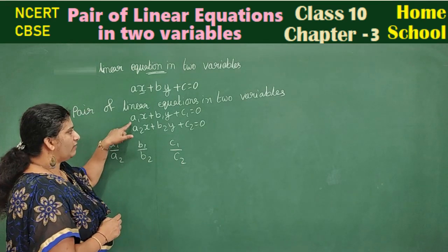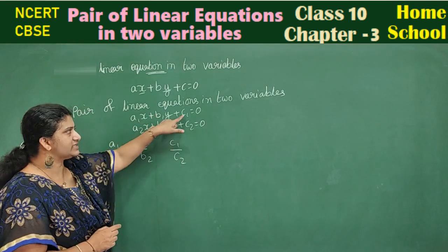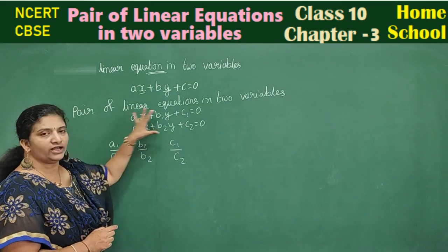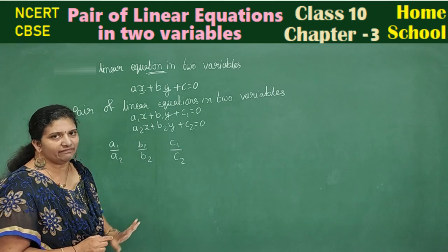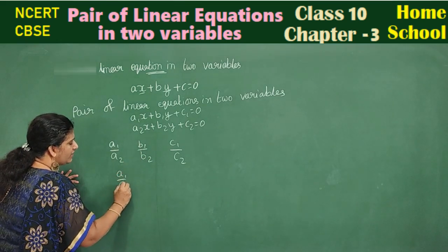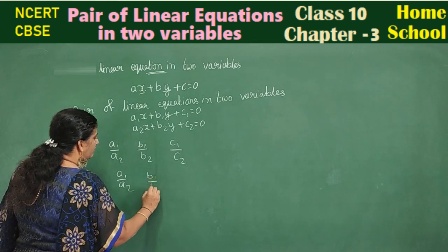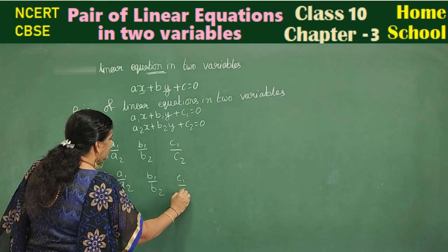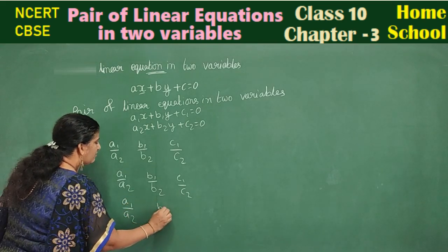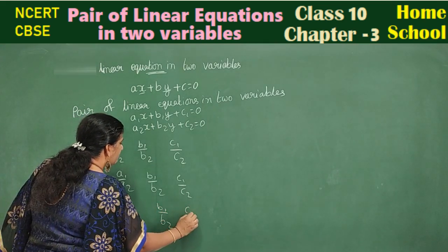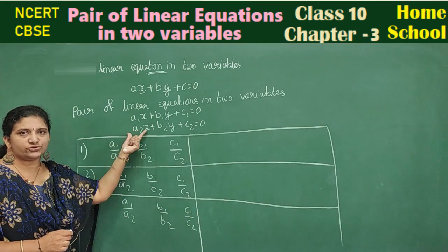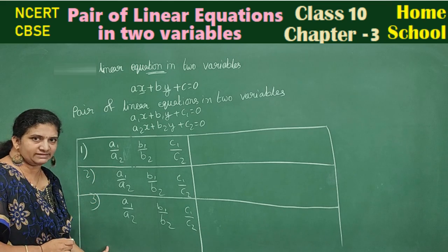Here a1, a2, b1, b2, c1, c2 are constant numbers, the numerical coefficients of the x and y variables. Let me write three cases here. Now let's compare these ratios.